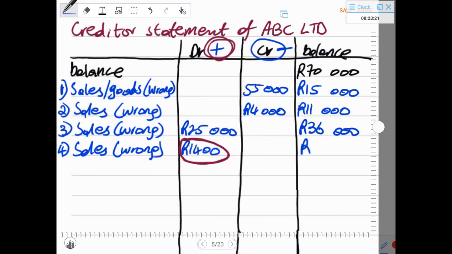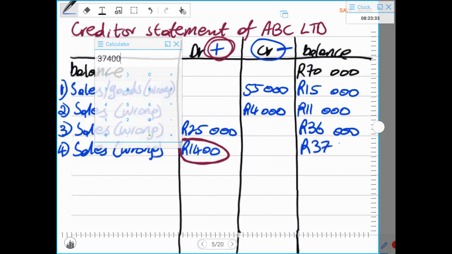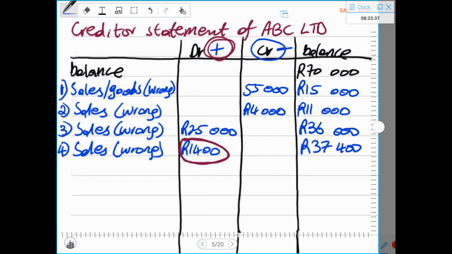So in this case, our balance will be understated. Let us say 36,000 rands balance before that, and we add 1,400. So now this means we end up with 37,400. Remember, we added a smaller amount than it was supposed to be.